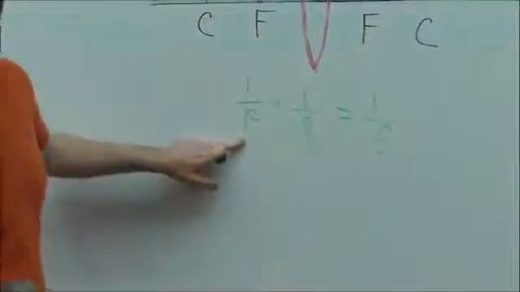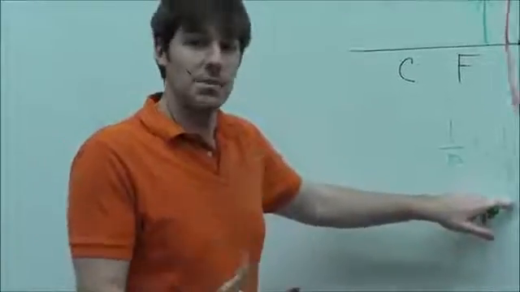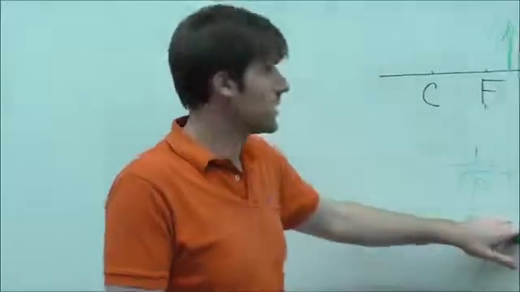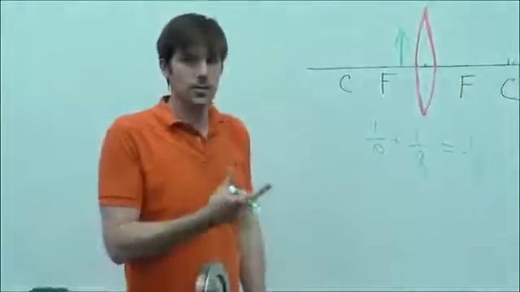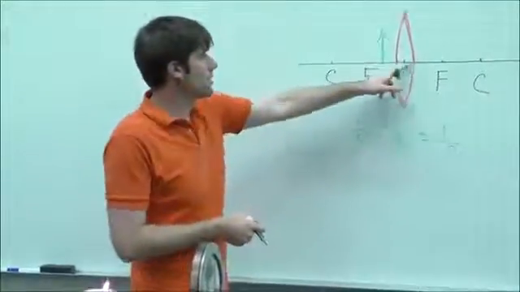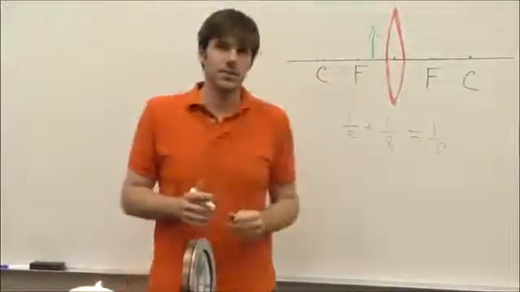So this p is the object's distance away from the thin lens. The q is the image distance away from the lens. And then the script s is the focal length of the lens. So the first scenario we'll consider is when the object is between the focal point and the thin lens.